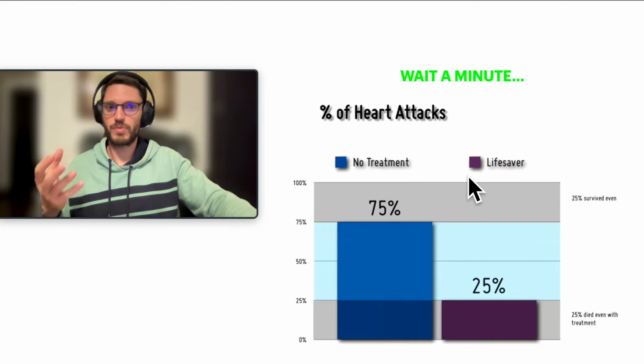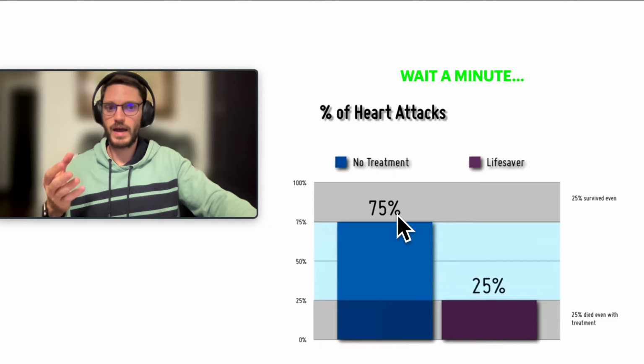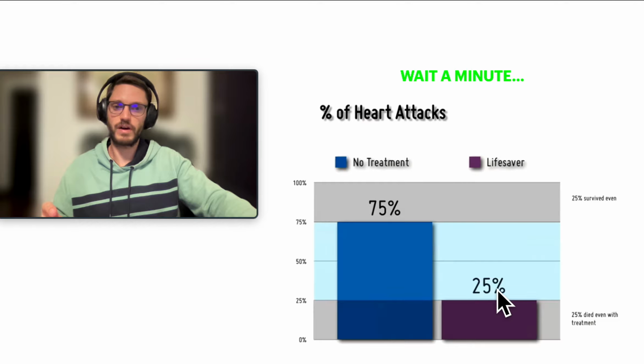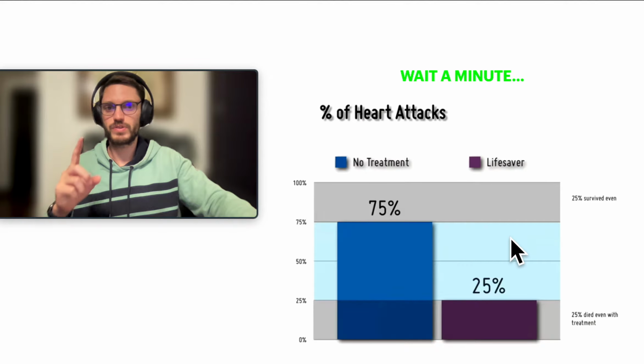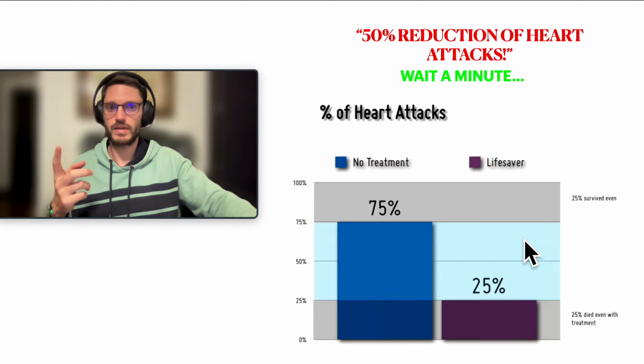We're talking about a protective factor that is reducing the outcome, and it would be this column. How do we calculate the absolute risk reduction? By doing the incidence in the not treated, which would be 75% minus 25%, gives you a 50% absolute risk reduction, which is right here. Wow, 50% reduction of heart attacks.